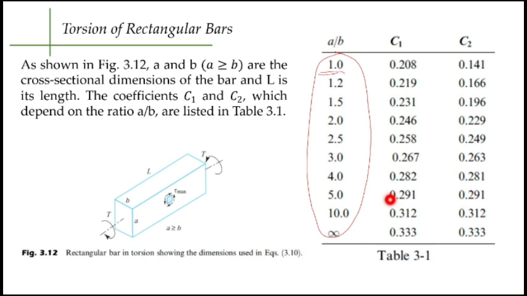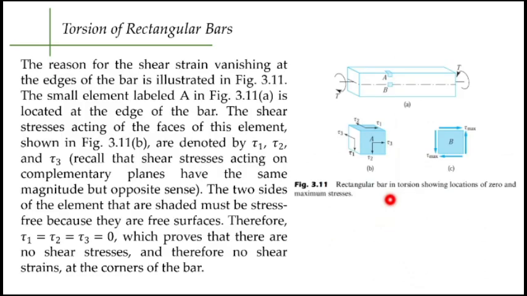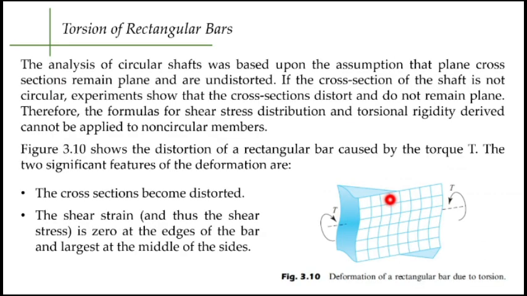Whatever the value of the ratio of A to B, if let's say the quotient is 1, then automatically the values of your C sub 1 and C sub 2 are 0.208 and 0.141. Because again, as provided here in the discussion, experiments show.